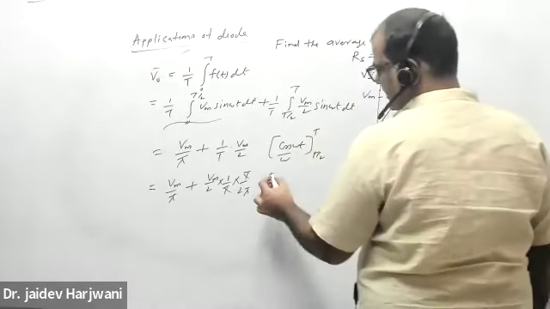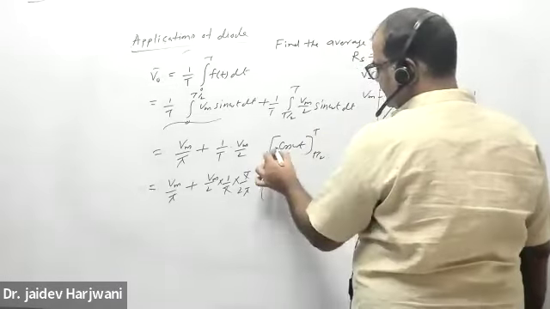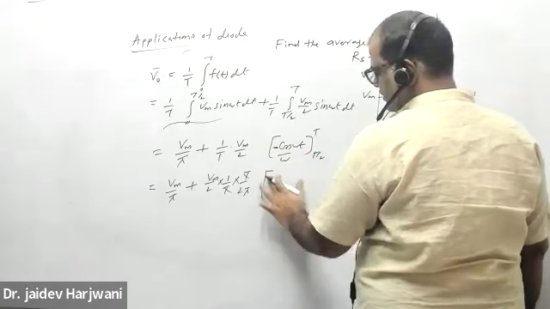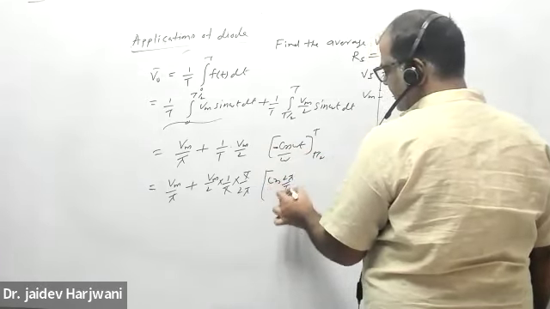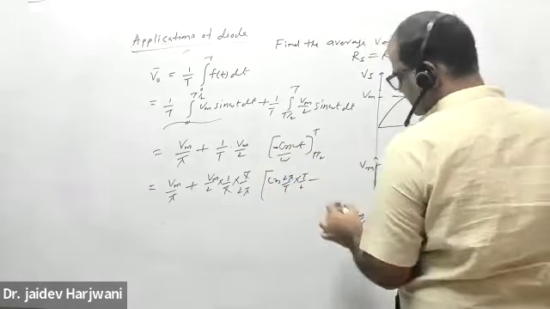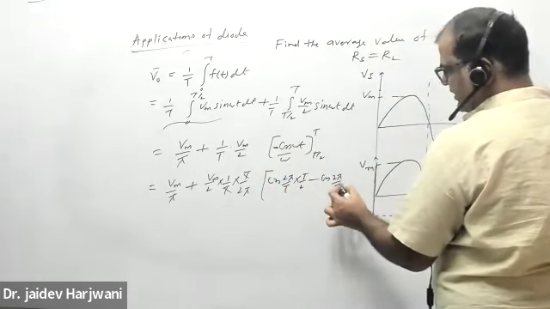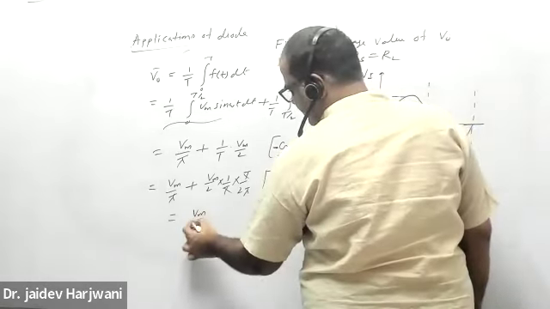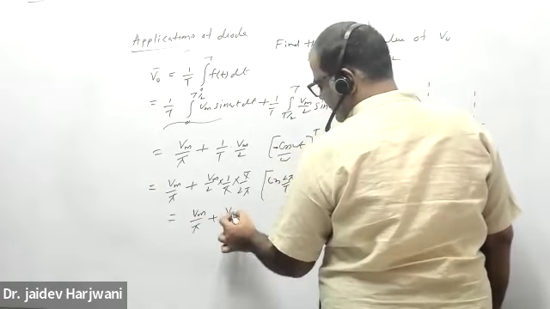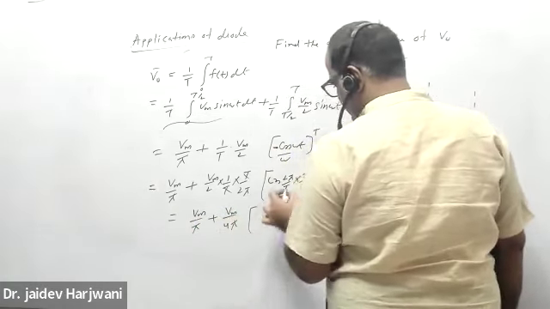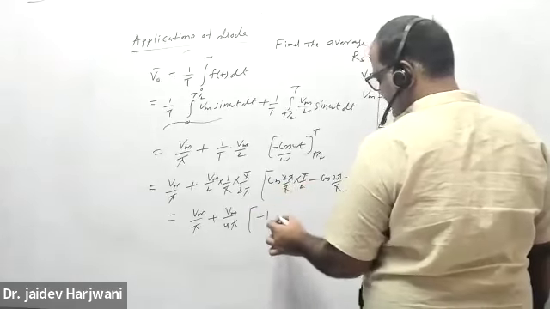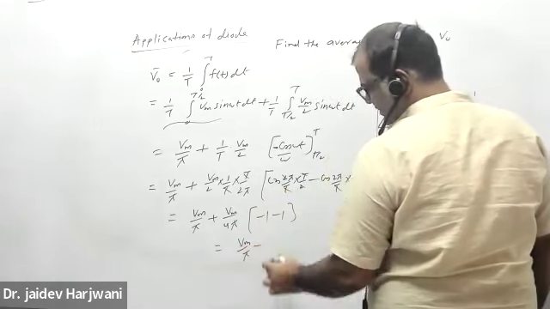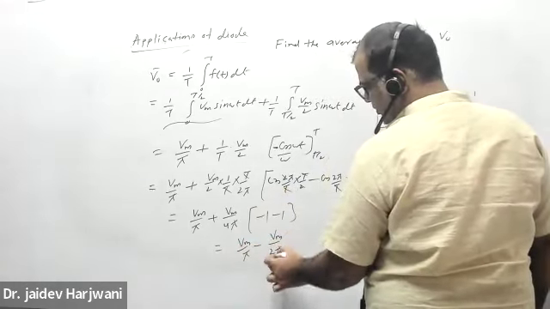And cos omega t, minus is there, so minus I'll put first: cos 2 pi by T into T by 2 minus cos 2 pi by T into T. So this will come Vm upon pi plus Vm upon 4 pi. Now this is -1 and -1. So Vm upon pi, and this will come minus Vm upon 2 pi.